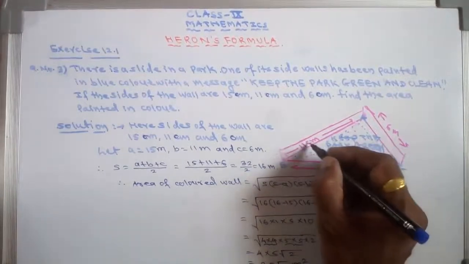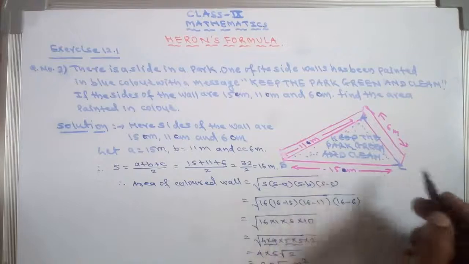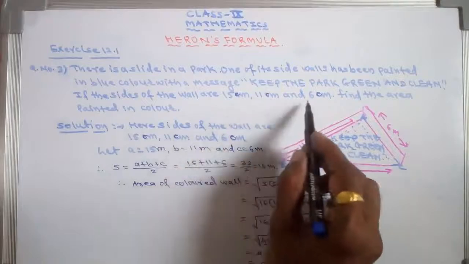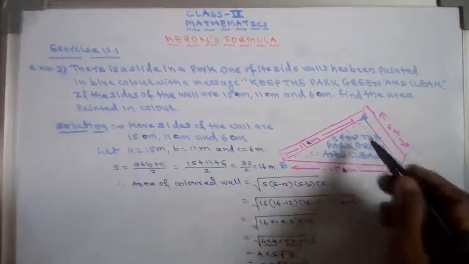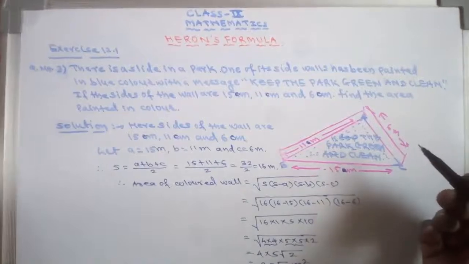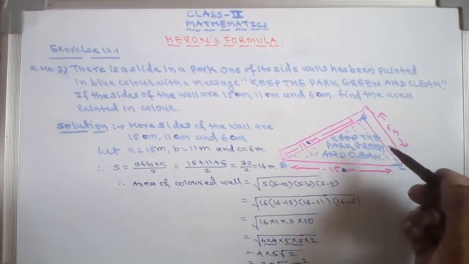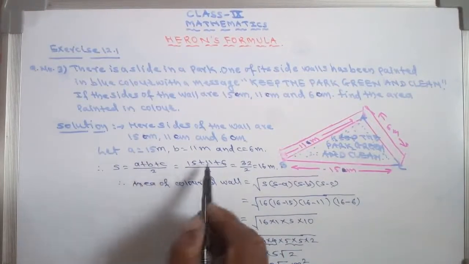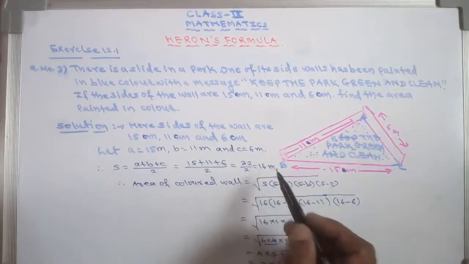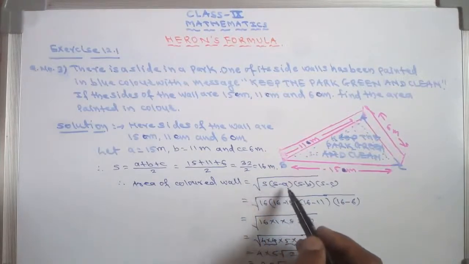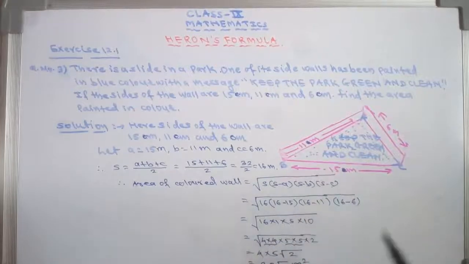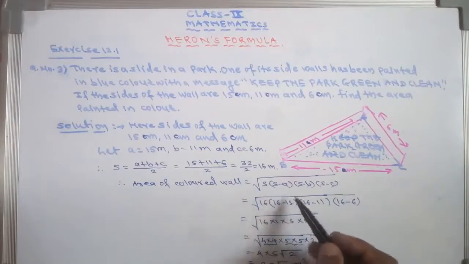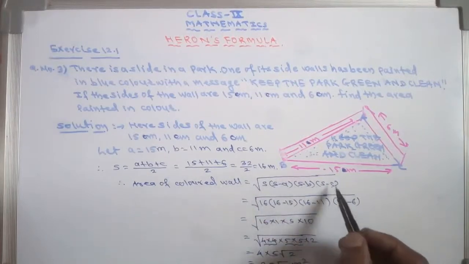So students, you make the correction, all it is in meters. Okay, 11 meter, 6 meter and 15 meter. So in this way, by using Heron's formula, we can find the area of the triangle if all three sides are given. First of all, you find S, sum of three sides upon 2, that is semi perimeter S. Then apply the formula under root S into S minus A, S minus B, S minus C. Then put the values of A, B, C. S is 16, then 16 minus A is 15, B is 11, C is 6.